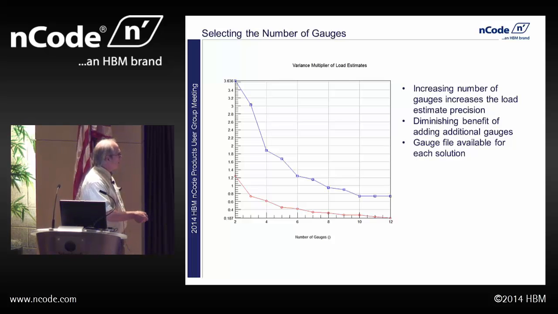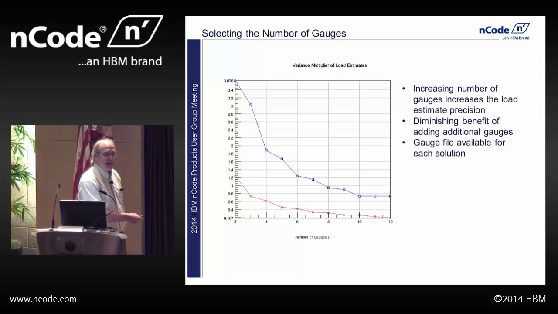I can go here and see where I have diminishing returns, looking for a knee in the curves where I see a big benefit going from 2 to 3 to 4, and beyond that all of a sudden the benefit dissipates. And what the user will be able to do is look at these statistics and then decide which number of gauges he wants to use.